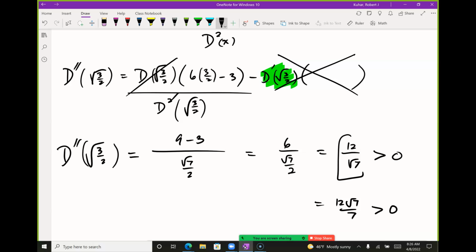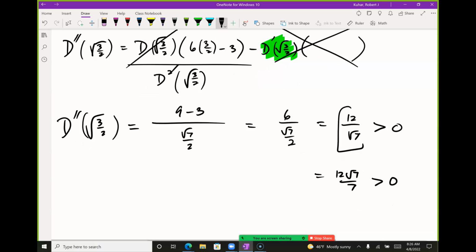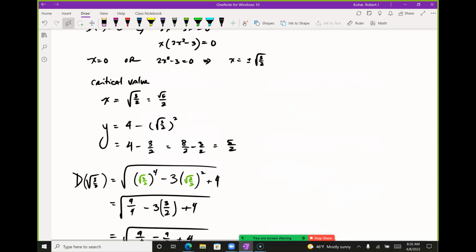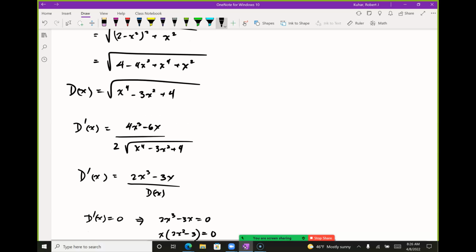You could square both sides, but don't do that. You see, I've taken care of that square root by just calling it d. I don't even see a square root in my problem, because I don't see the square root anymore in d prime. Like I said, you could leave it in there, but it's messy.